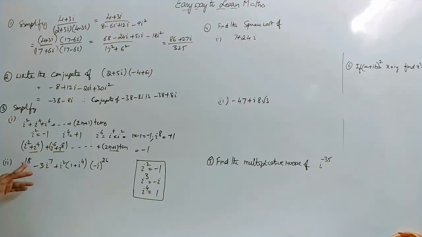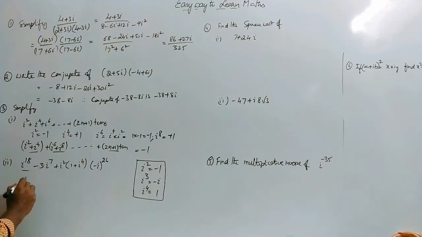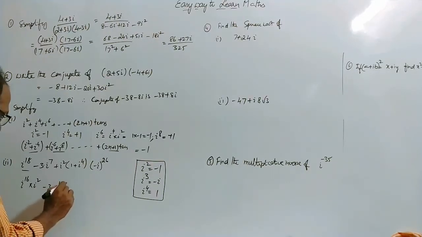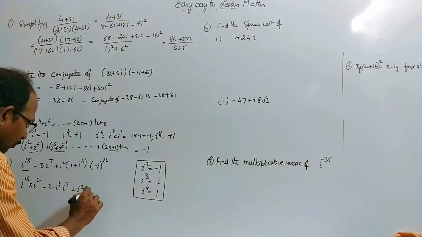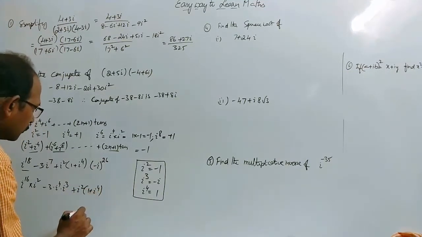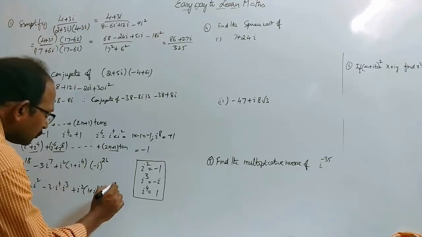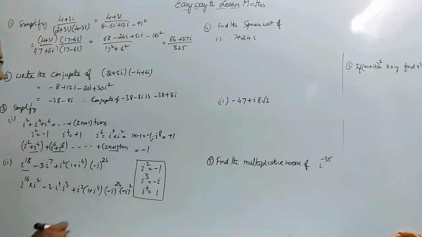Here 16 into 2, 4 power 2. That's why this can be written as i power 16 into i squared, minus 3 into i power 4 into i cubed, plus i squared into (1 plus i power 4), minus i power 24 into (minus i) whole squared, power 26.